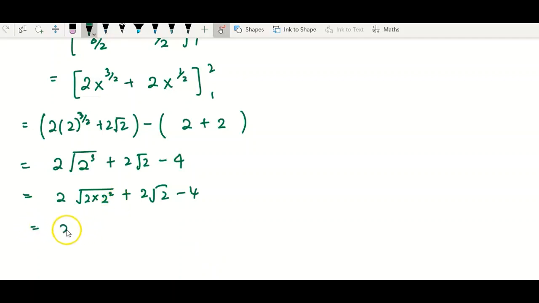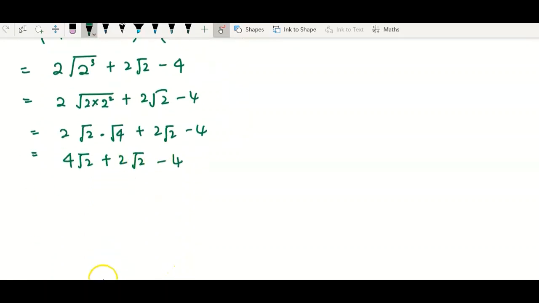And this one can be separated into square root of 2 multiplied by square root of 4, plus 2 square root of 2 minus 4. Square root of 4 is equivalent to 2, right? So 2 multiplied by 2, meaning that for this term you have 4 square root of 2. 4 square root of 2 plus 2 square root of 2, that will be 6 square root of 2 later on. So this one combined will become 6 square root of 2 minus 4. Alright, so if you want to factor out the 2, go ahead, you can do so. You have 3 square root of 2 minus 2.